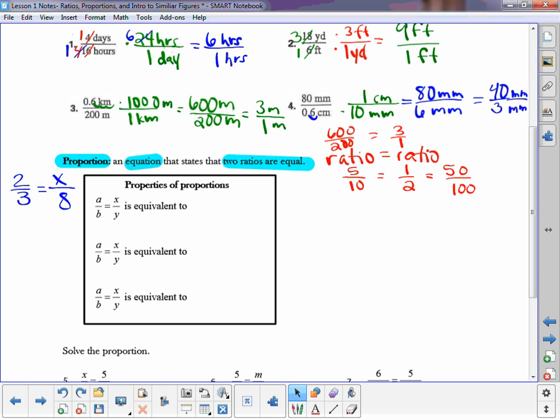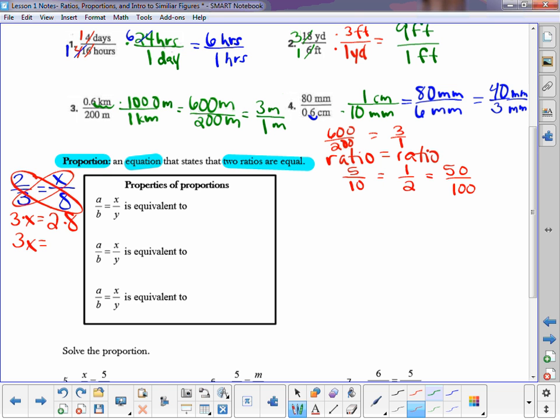Cross multiplying is when I have one single fraction equal to one single fraction. Then 3 times x is equal to 2 times 8, or in other words, 3x equals 16. Divide by 3, divide by 3. This does not reduce, so x is 16/3. Do we agree with that method for solving? Yes. So that's your cross multiply.